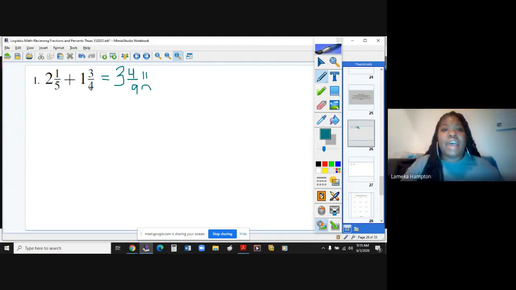You do not do that simply because that's not a part of the rules. That's just not how it works. You first have to recognize whether or not you have the same bottom number. And in this instance, we do not have the same bottom number. Okay, so because we don't, that means we're going to have to follow some extra rules here. So remember, 3 4/9 is not your answer. I'm going to X that out to let you know that that's not your answer.